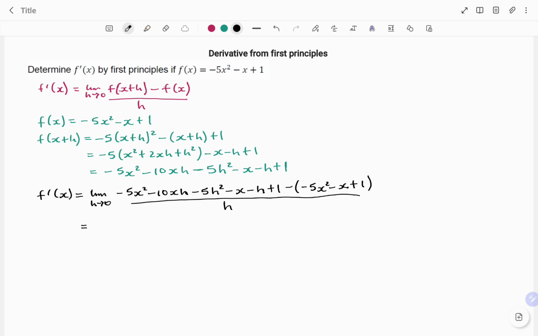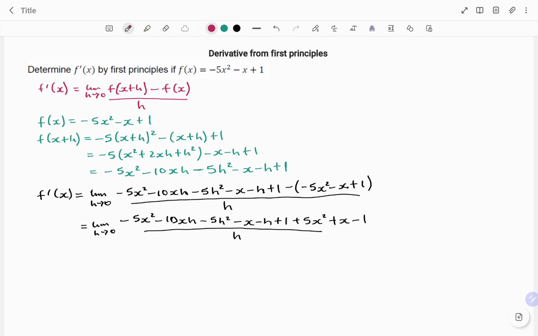If I simplify, I have the limit as h tends to 0 of minus 5x squared minus 10xh minus 5h squared minus x minus h plus 1. Then I'm going to open the bracket. I have plus 5x squared plus x minus 1, all divided by our h, or denominator.